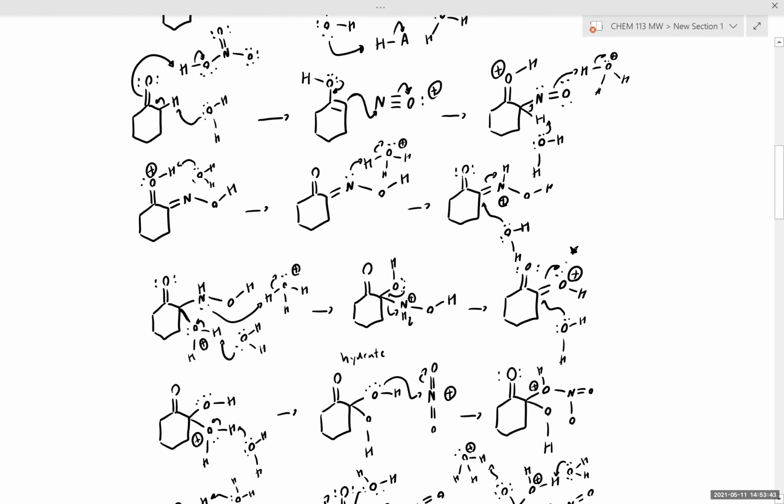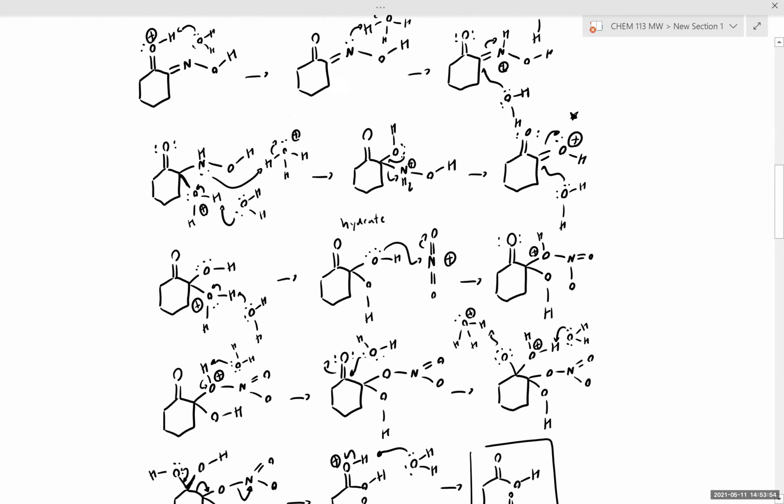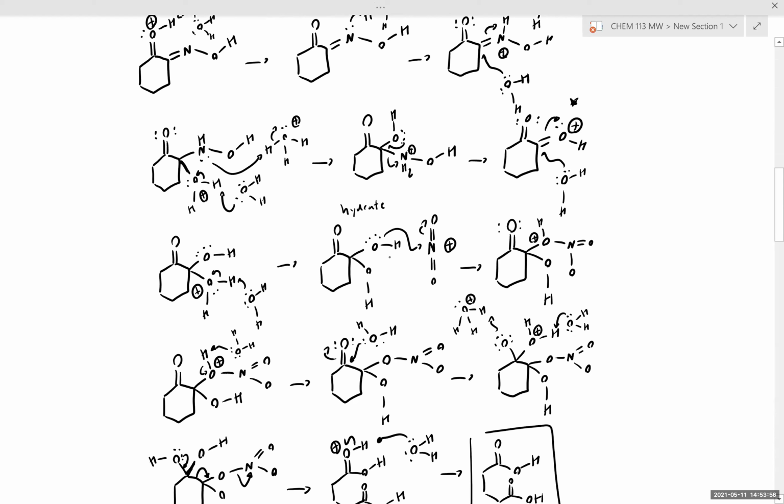From here, we have this diketone, which can then be hydrated under acidic conditions. We now have a free alcohol functionality that can react with electrophiles to generate this nitric acid adduct. This is a great leaving group, and we've now primed this alcohol for further oxidation.